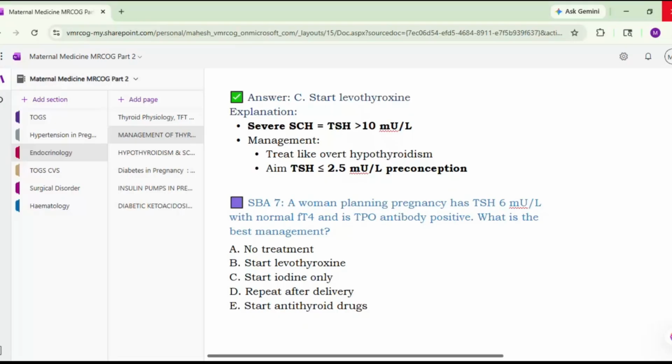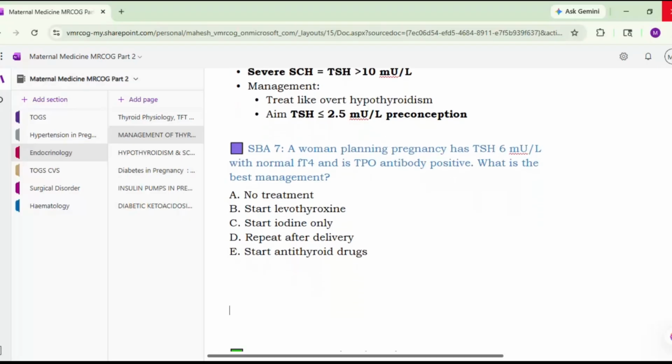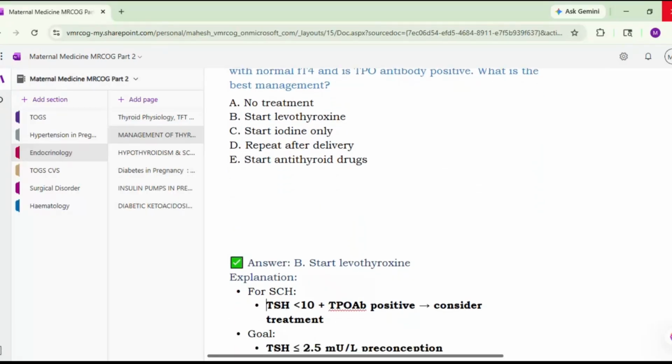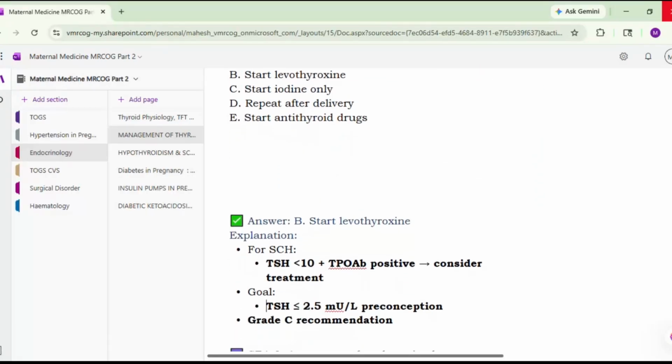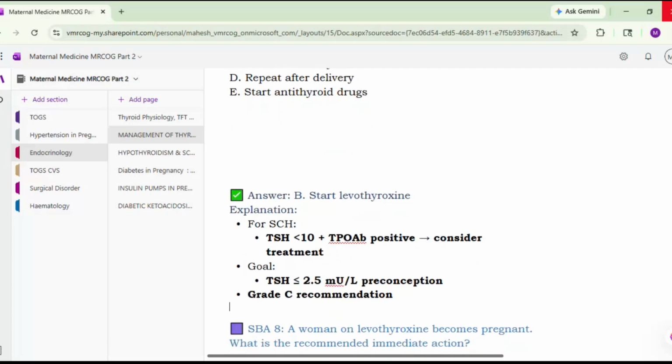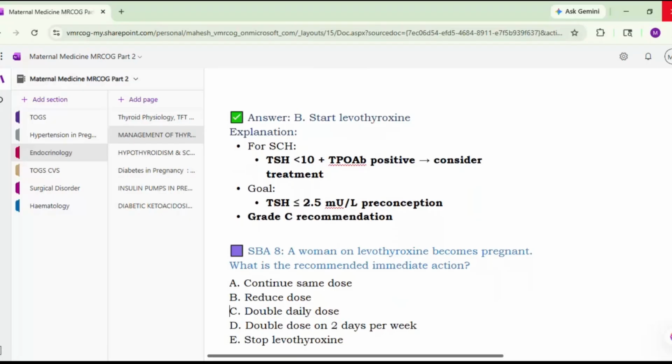So what is the concept here? She is TPO antibody positive with non-severe subclinical hypothyroidism. Correct. That is a stronger indication for treatment. Start LT4 for SCH less than 10 plus TPO antibody positive. Consider treatment, and the TSH target is the same, less than 2.5.